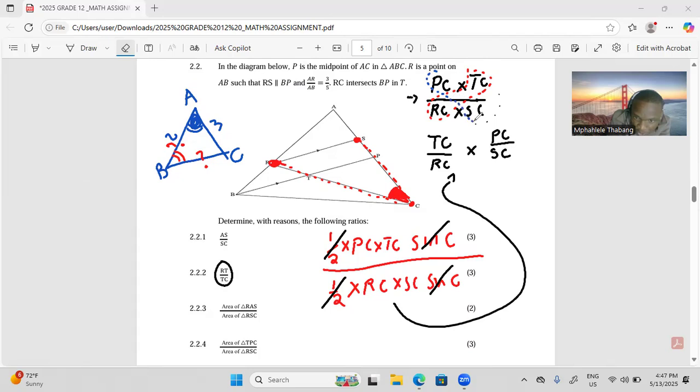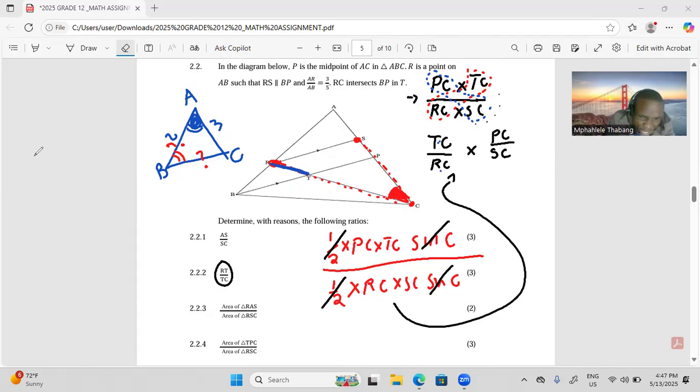What motivates me to do this? I will explain. This TC and RC come from the same side of the triangle.